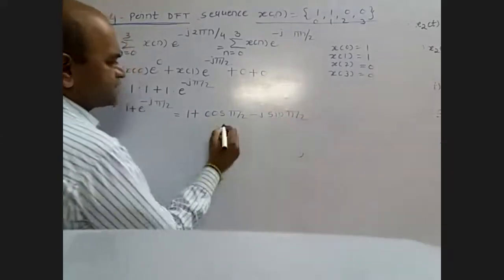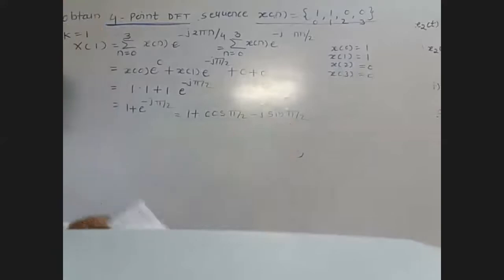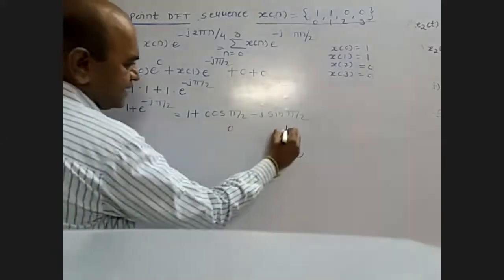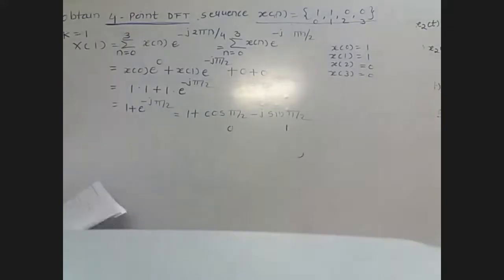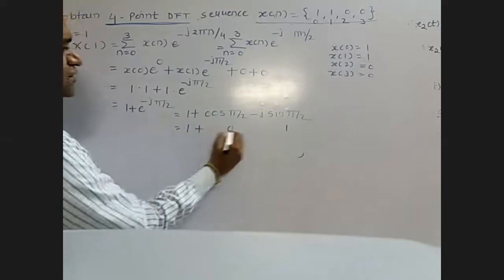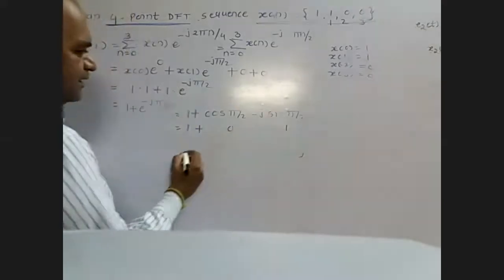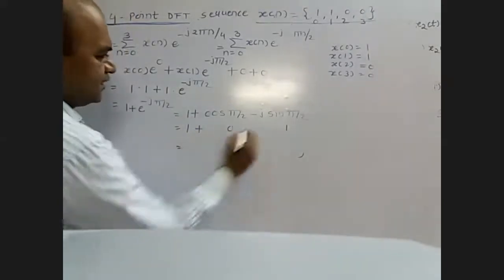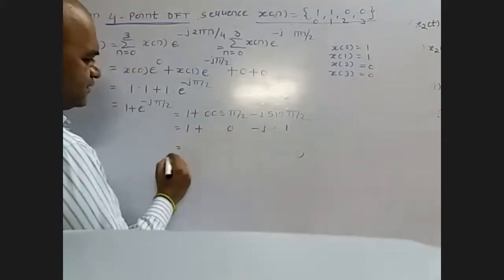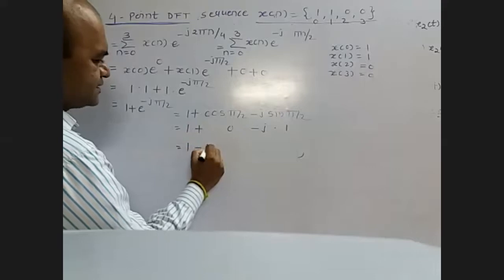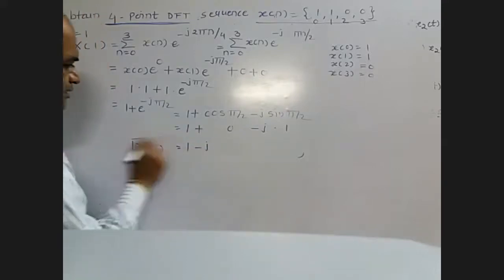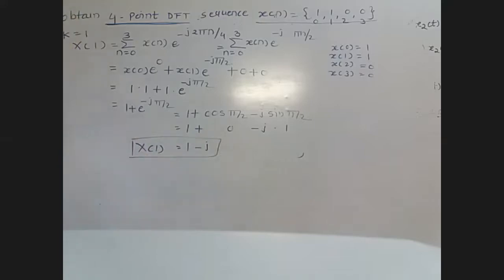Cos 90 is 0 and sine 90 is 1. So you will get 1 plus 0 minus j, which is minus j into 1. So the term 1 minus j is obtained for X of 1.